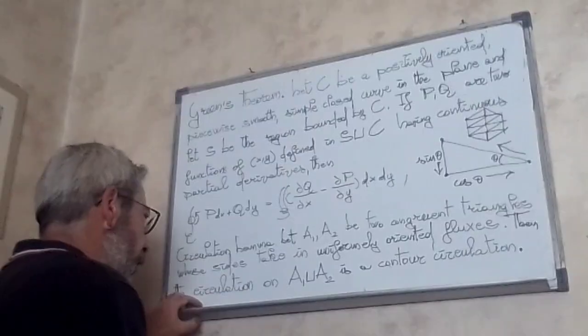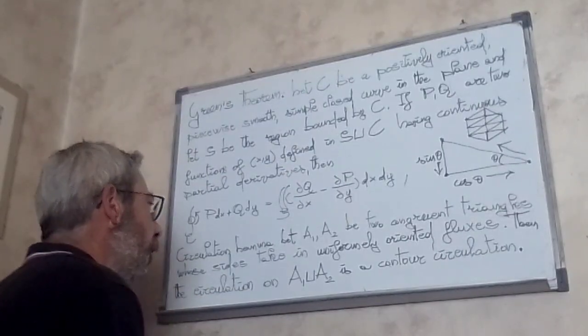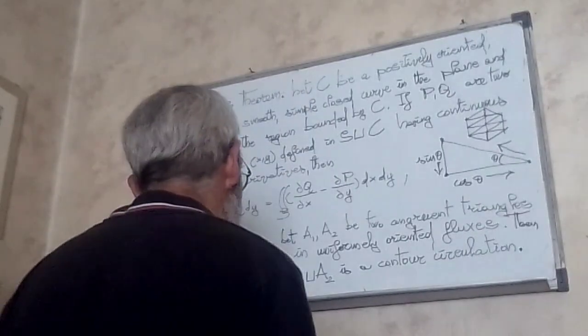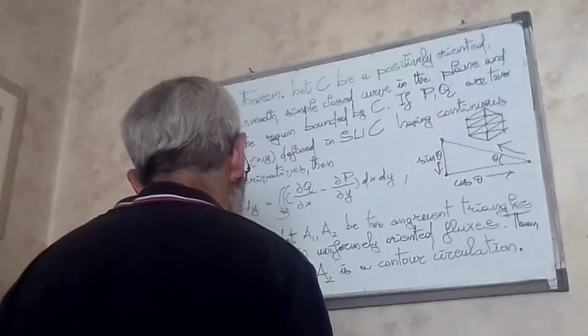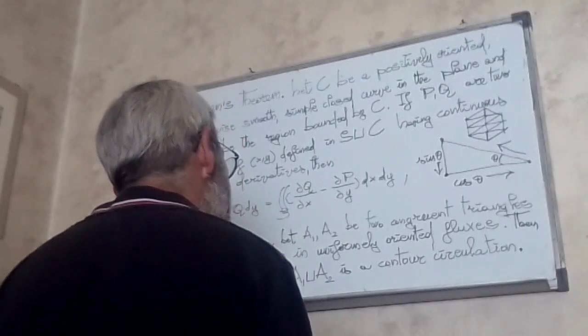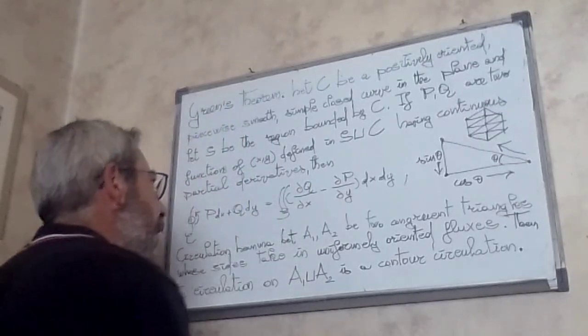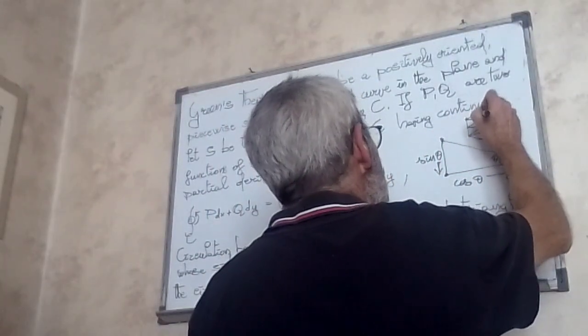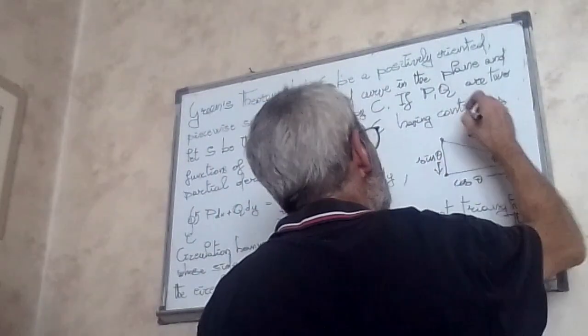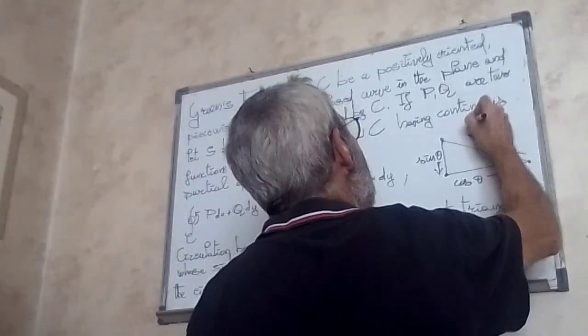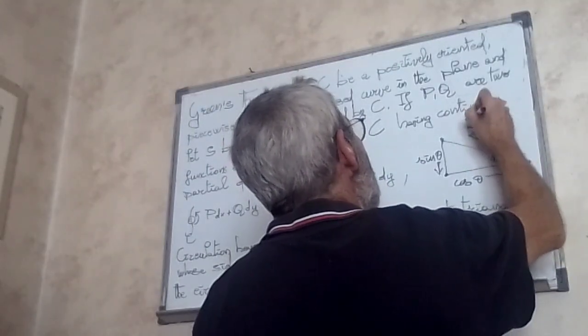Then the circulation on the union of A1 and A2 is a counter circulation. That is, the fluxes in the inner of the polygon is void.